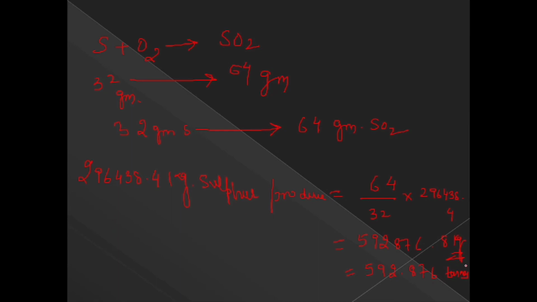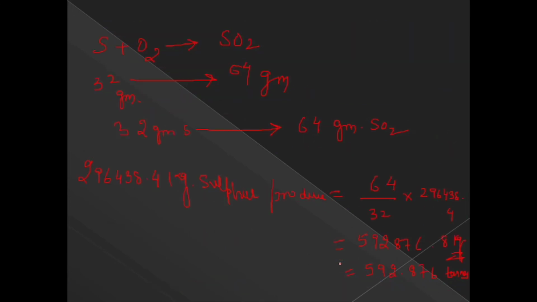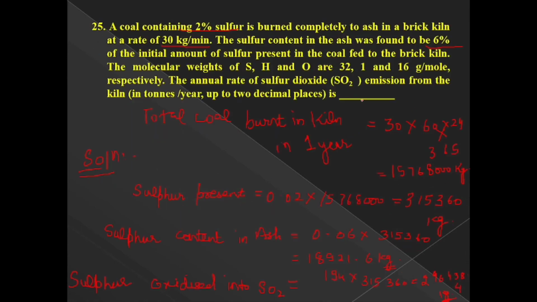So how much sulfur dioxide is 296,438.4 responsible for? That is our answer, 592.876 tons. Please note it down. After that we will move towards our next question.